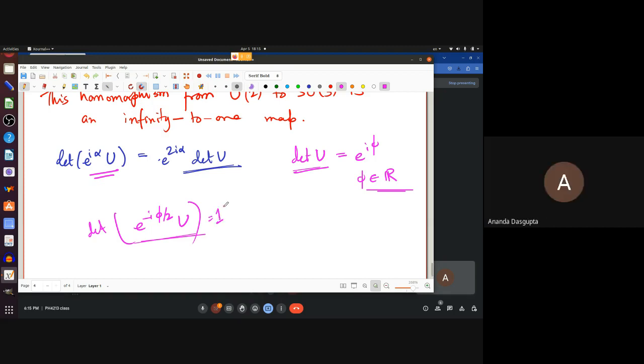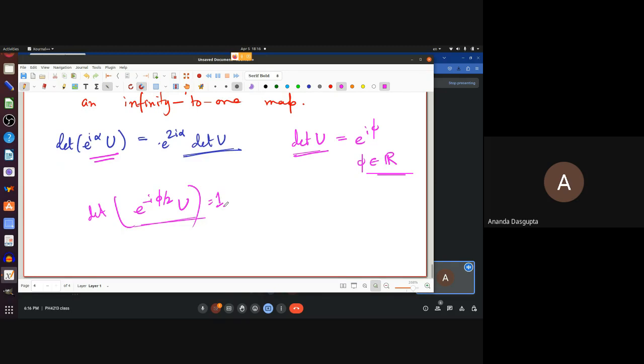So instead of using any U, you could actually divide by the square root of its determinant and end up with a unit determinant matrix which does exactly the same job. And so instead of using U2, you can use SU2. Instead of using all unitary matrices, just use SU2 matrices. That will also work.